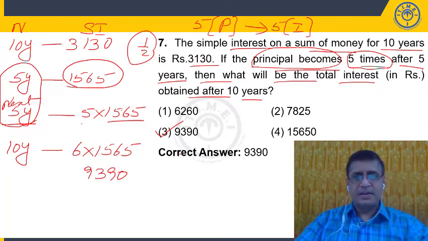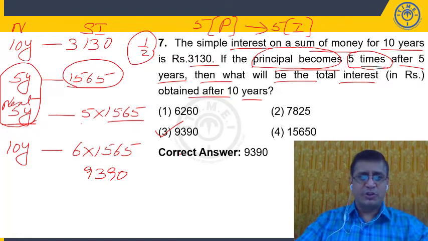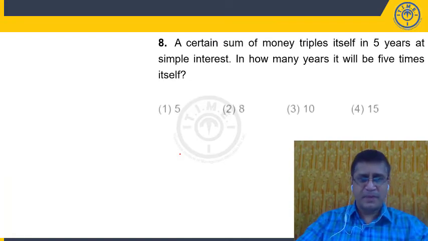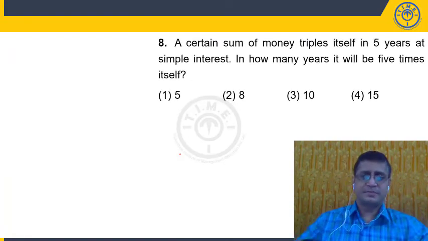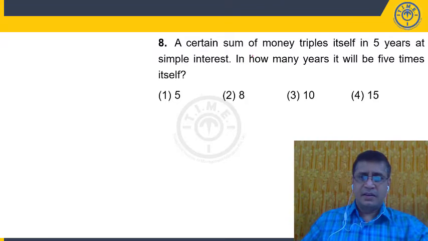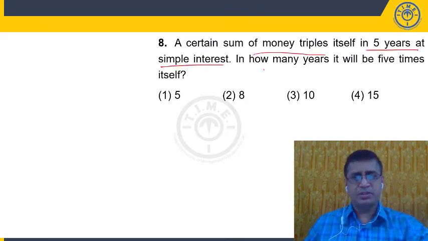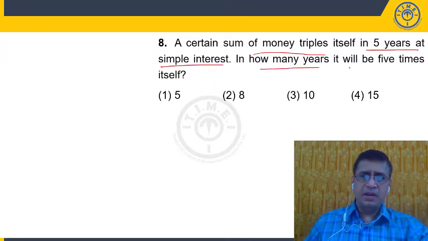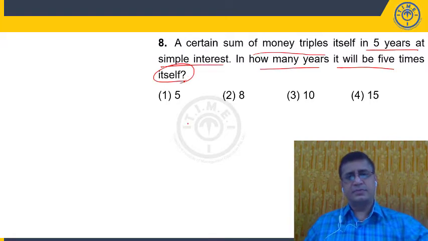Okay. Yes, my dear students, now the next question on your screen, along with the options. A certain sum of money triples itself in 5 years at simple interest. In how many years will it be 5 times of itself?